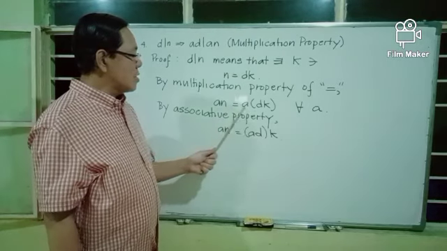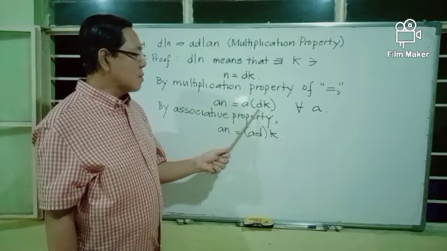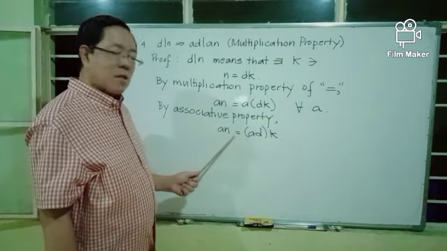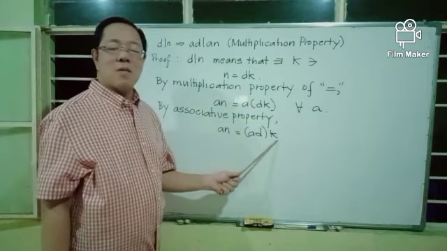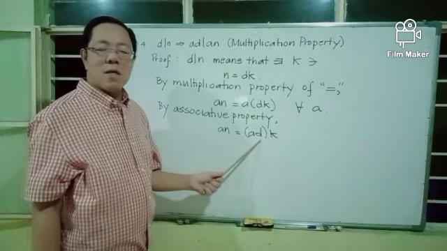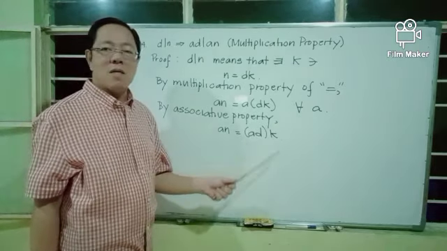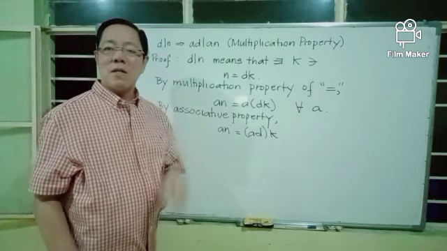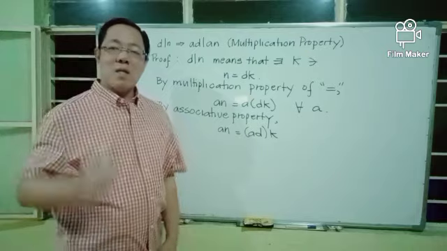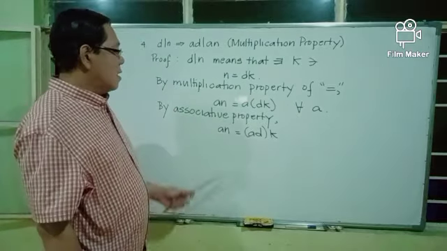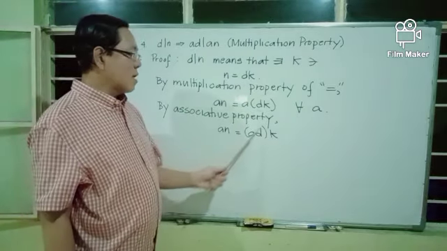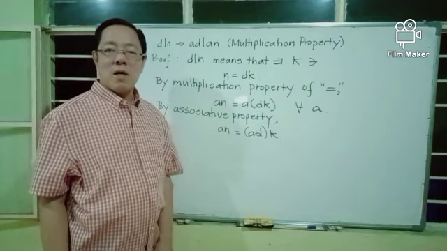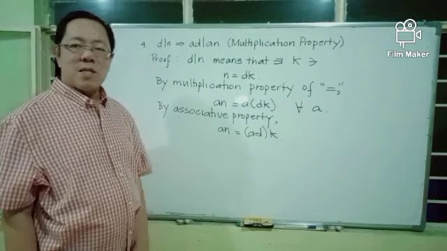In this equation at the right hand side, we have the grouping of dk, and in this equation at the right hand side, we first multiply a and d, and the product we multiply by k. But the associative property says that regardless of the grouping, the product is the same. But we have to write the right hand side in this way to conform with the definition of divisibility.